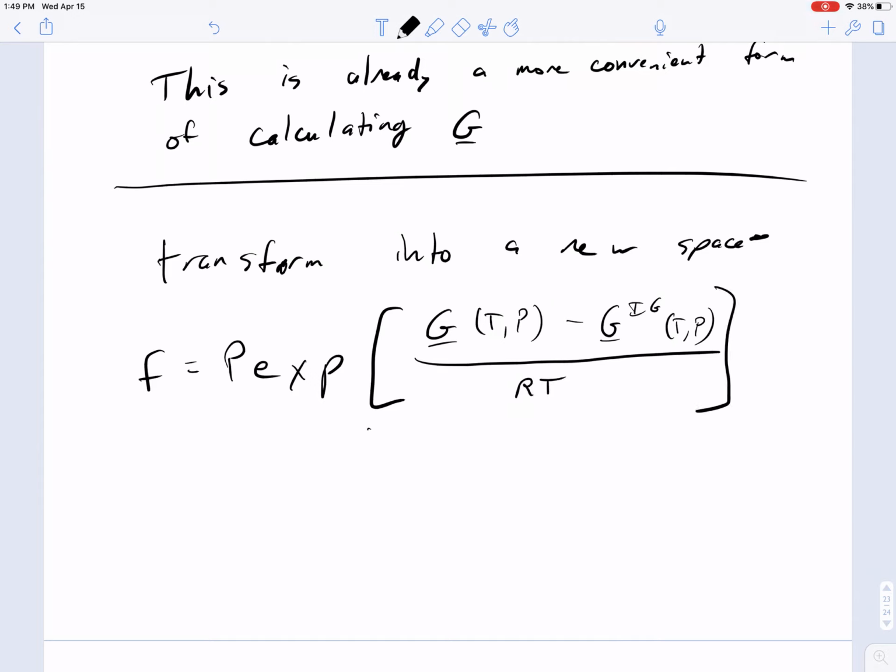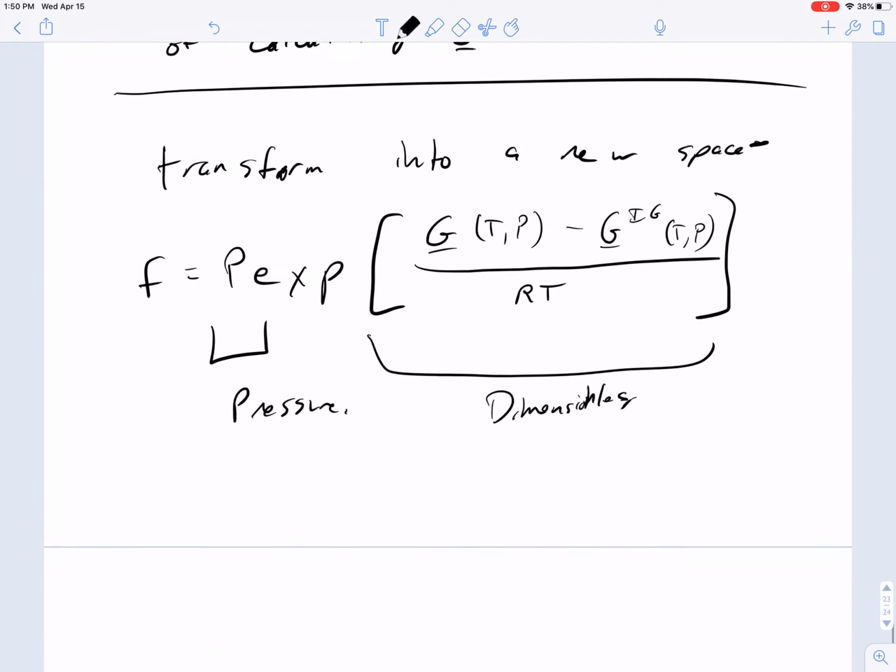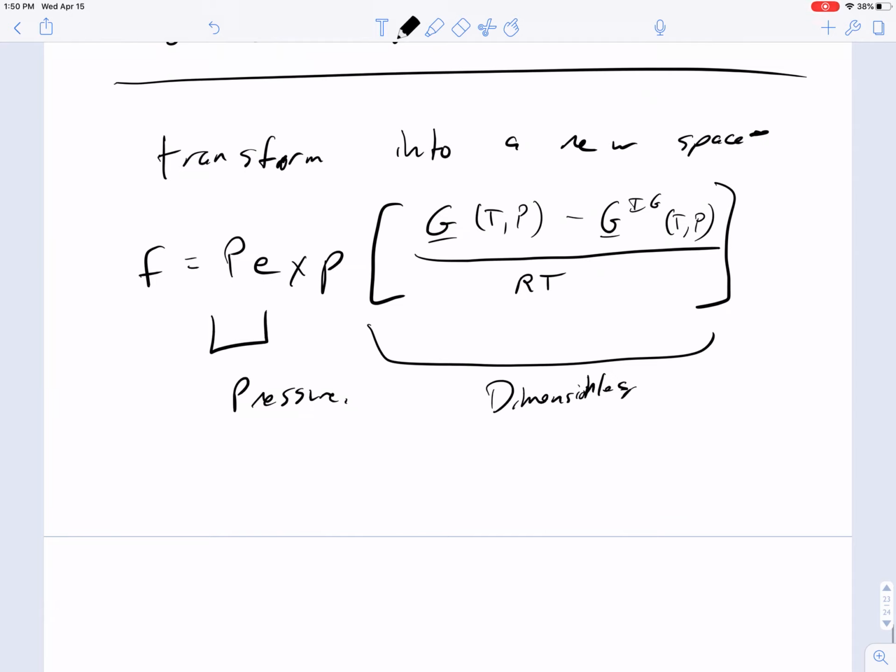This, of course, up here is dimensionless. And the units of fugacity, therefore, are pressure, because pressure times the exponential of a dimensionless quantity is still going to be just the term in front, which is the pressure.